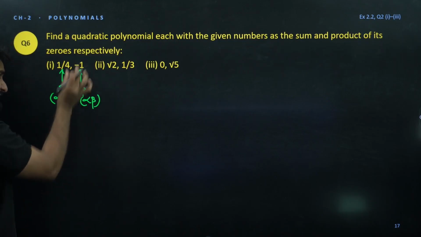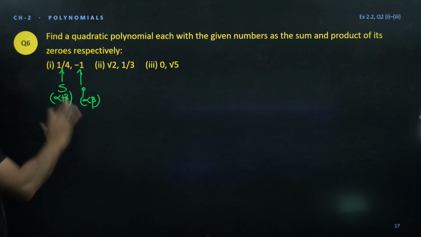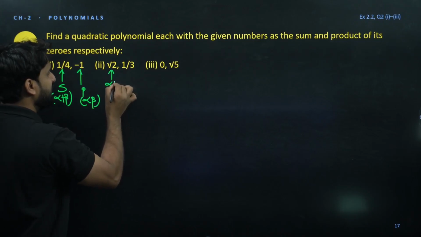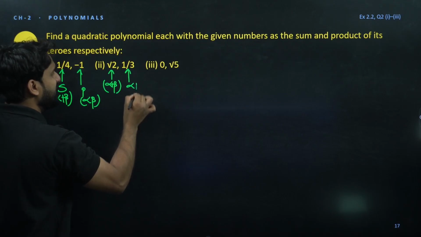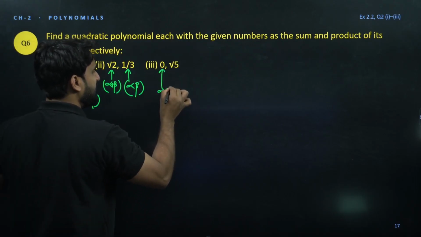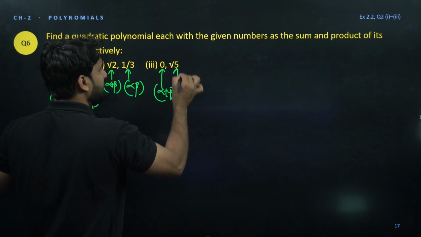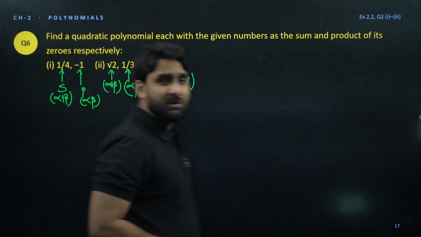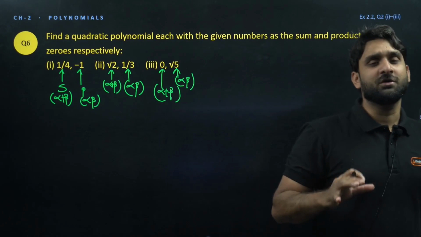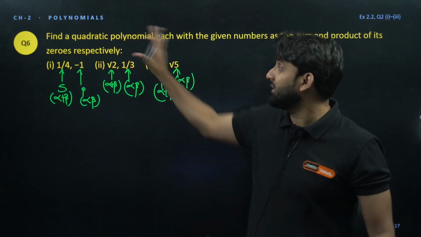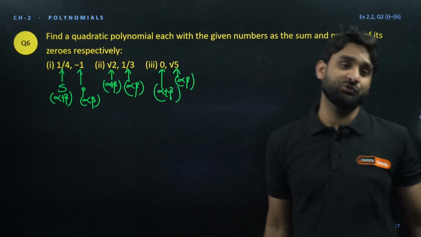So this minus 1 is the direct value of alpha into beta. These are not zeros. Similarly, here this is alpha plus beta, and this, my dear champion, is alpha into beta. So in these 3 questions, the sum and product of zeros are given, and you have to construct the quadratic polynomial for these situations.